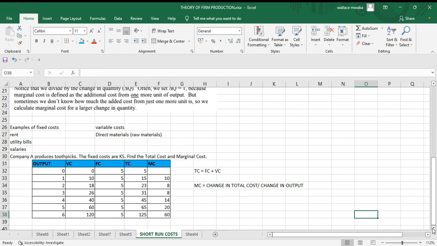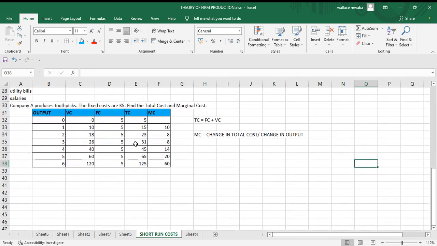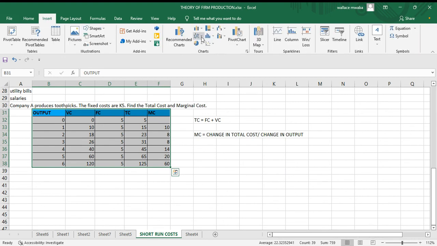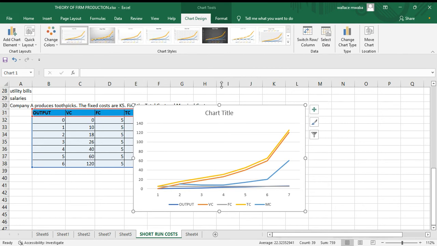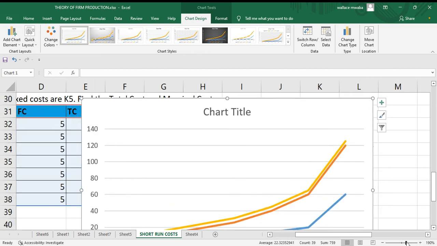All right, so if we plot this on a curve, let's see how our graph will look. Let me try to zoom in more on our graph.